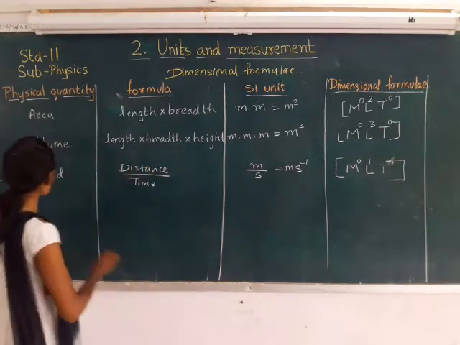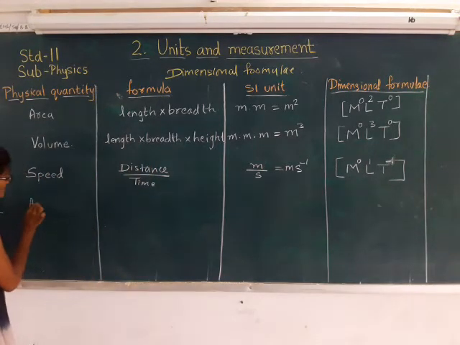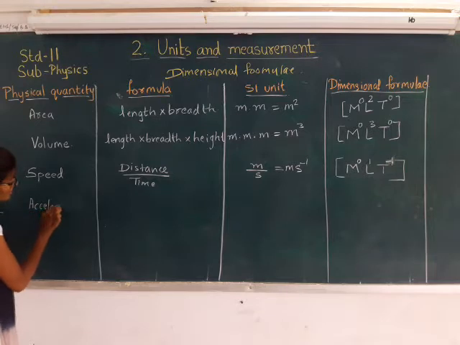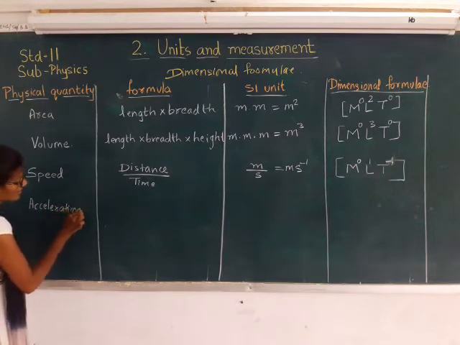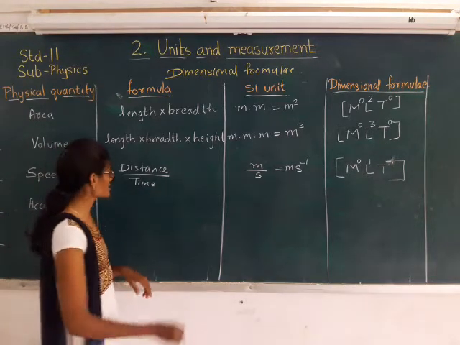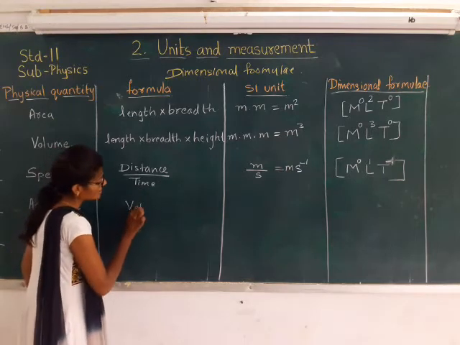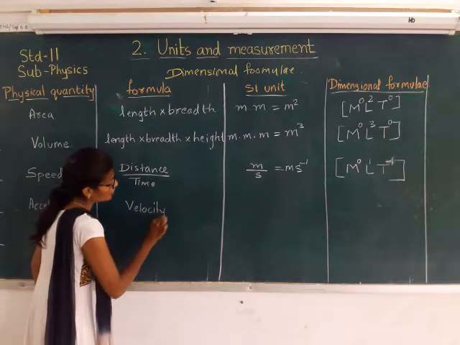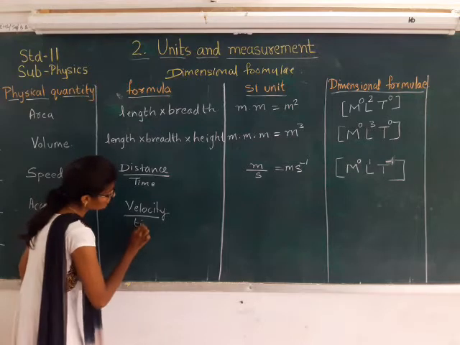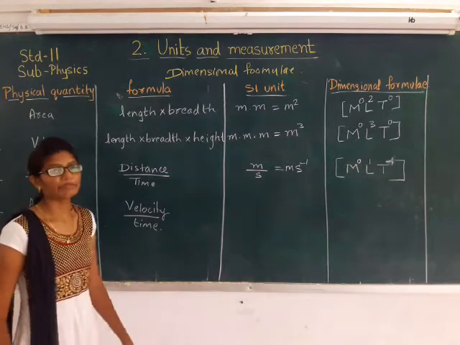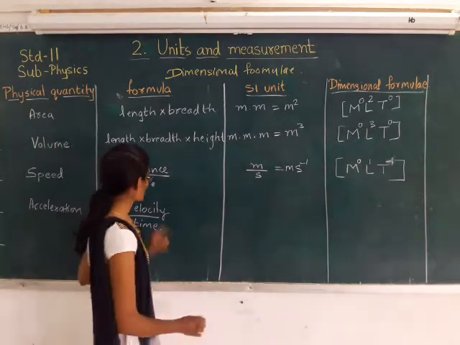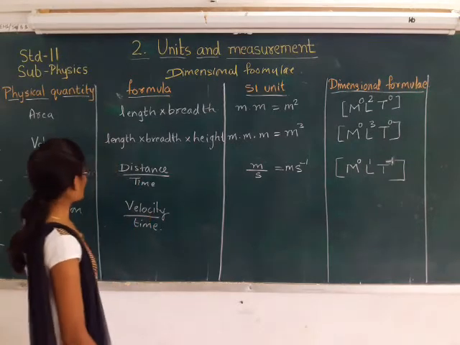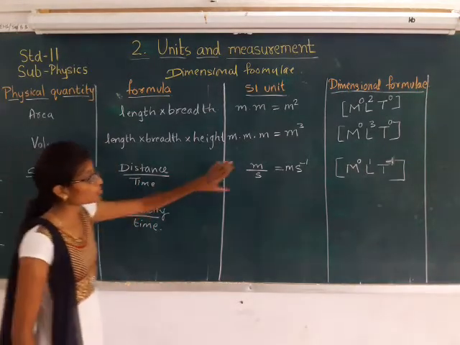Right? Next physical quantity, let us take acceleration. And acceleration is what? Its formula is velocity upon time taken, right? So here now see, speed and velocity, its unit is the same.